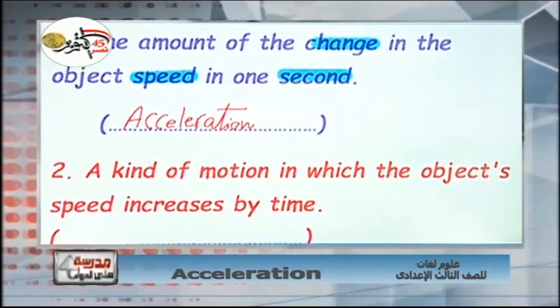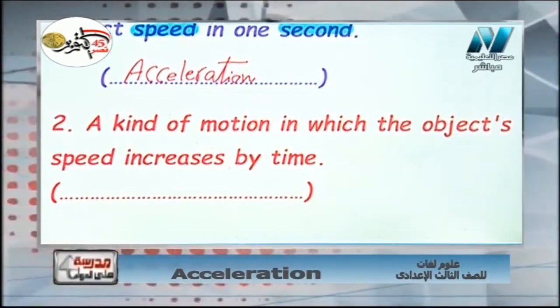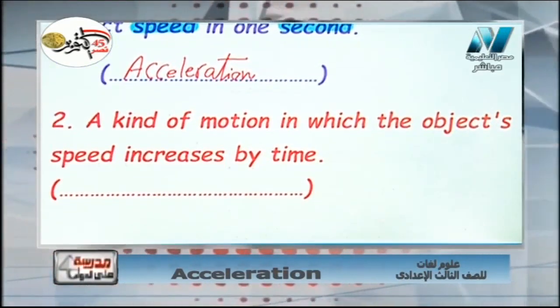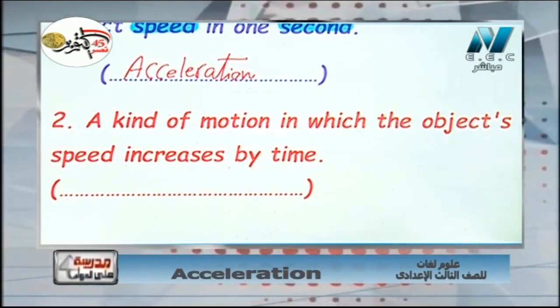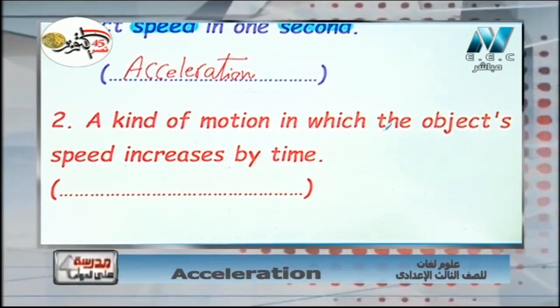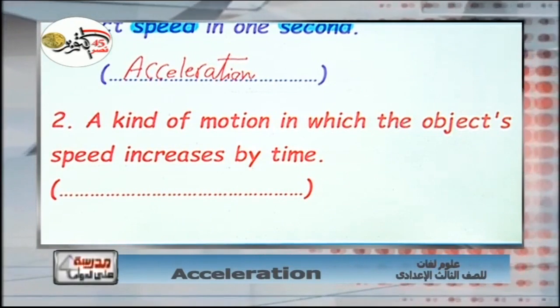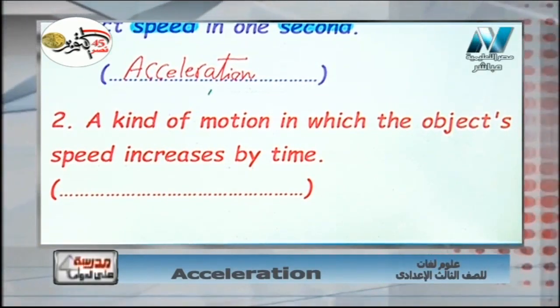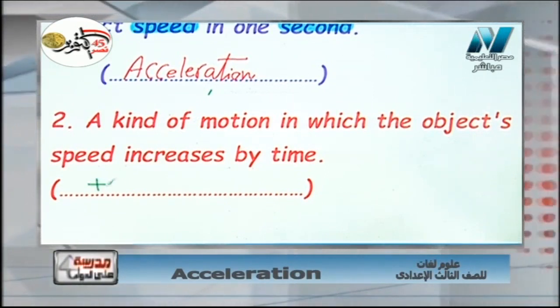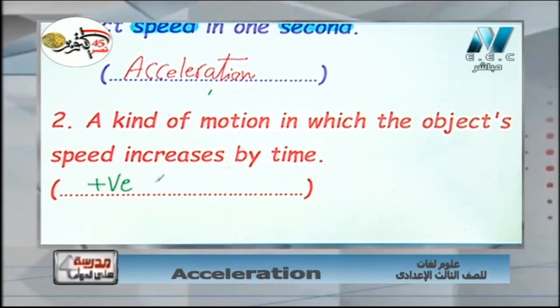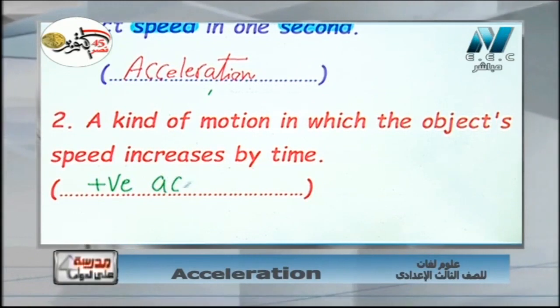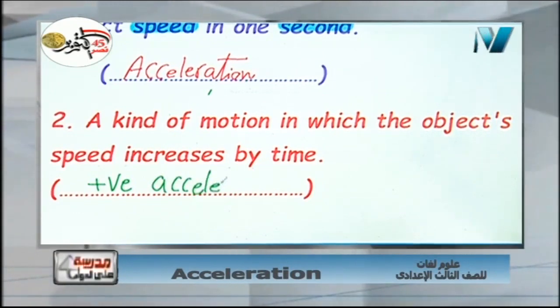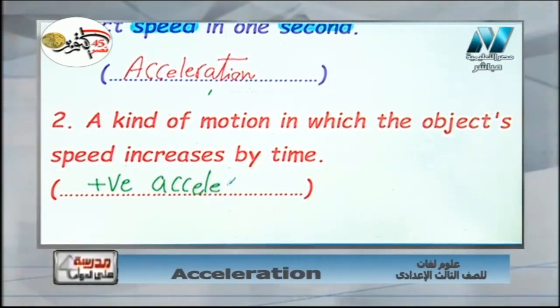Next one: a kind of motion in which the object's speed increases by time. The speed increases as time passes. So we talk about an increase in the speed. So here we have positive acceleration or increasing acceleration.